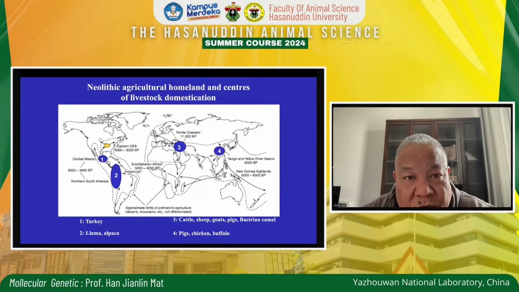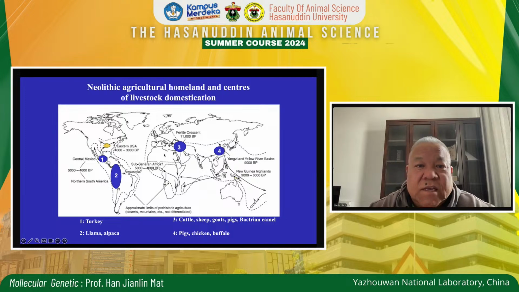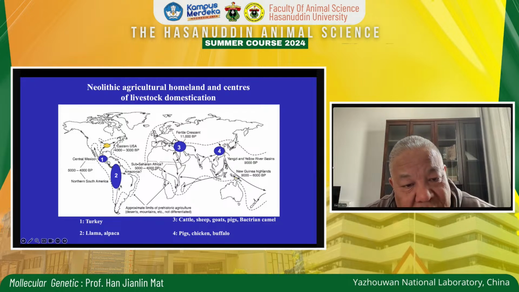So based on this archaeological evidence, we can see across the world there were only a few, 1, 2, 3, 4, what we call the Neolithic agriculture homelands linking to livestock production. For the first, it involved something like Turkey. For the second, in South America, where the llamas and alpaca were domesticated.